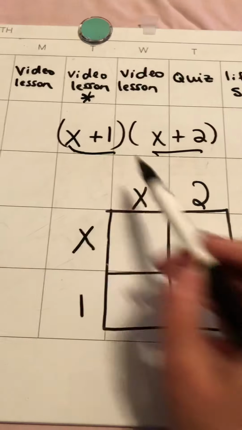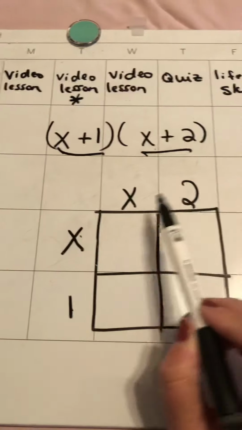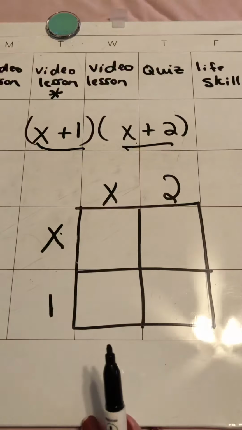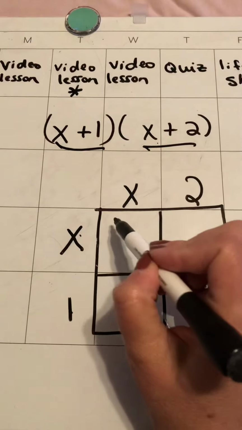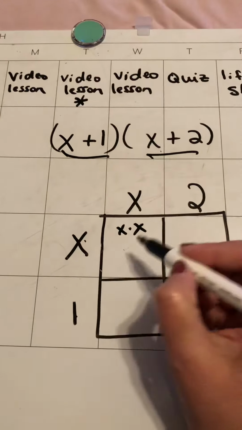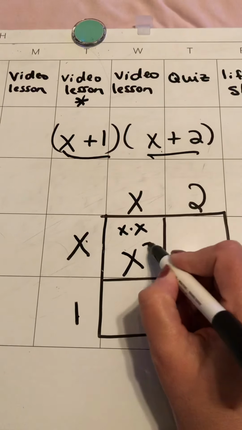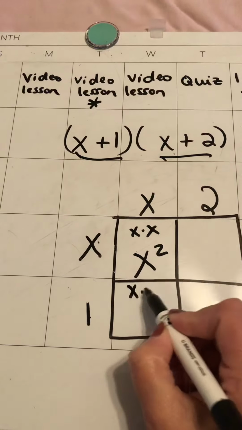So I said x plus 1 times x plus 2. All right, so let's do the work here. This right here is x times x. You bring these two together, and that gives you x squared. Then you're gonna multiply x times 1.